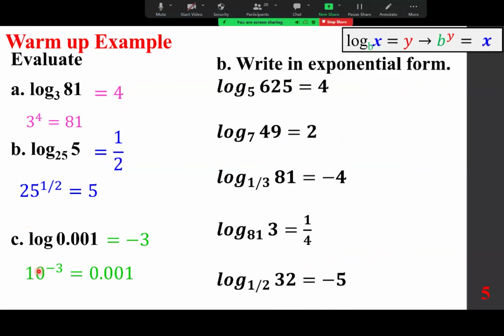We want to write in an exponential format, and all we have to do is just look at this arrow. So clearly 5 to the power of 4 is 625.